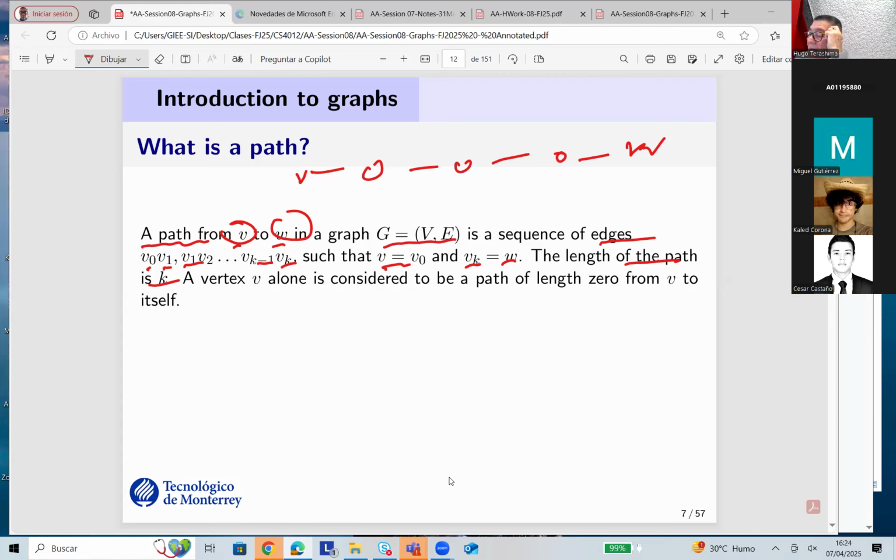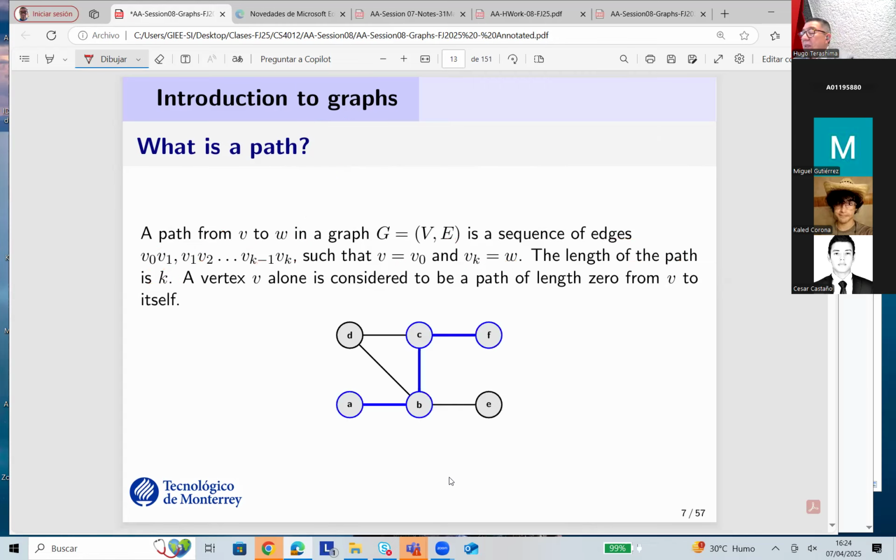A vertex V alone is considered to be a path of length 0 from B to itself. I can have this node here and say, well, the path is just an arc pointing to itself. So for example, from here to here, this is B, this is W, and then I take the path.